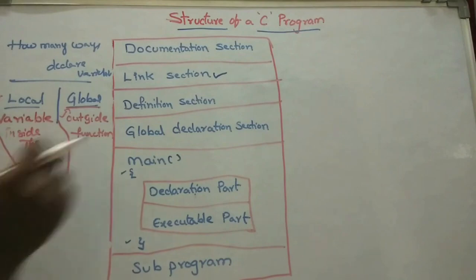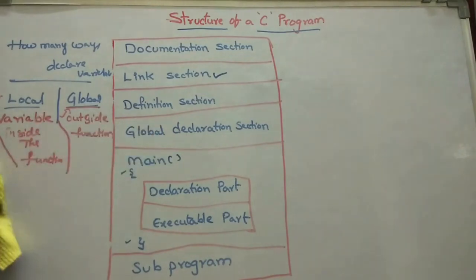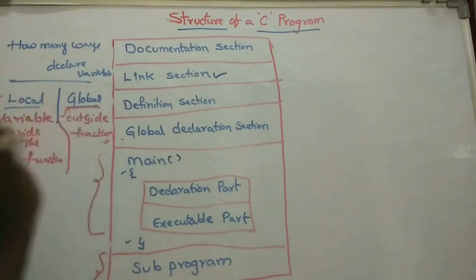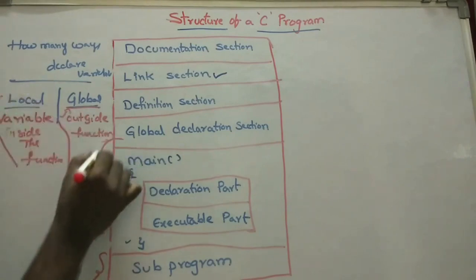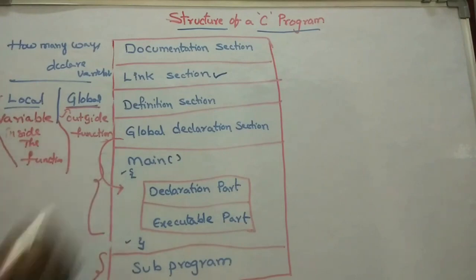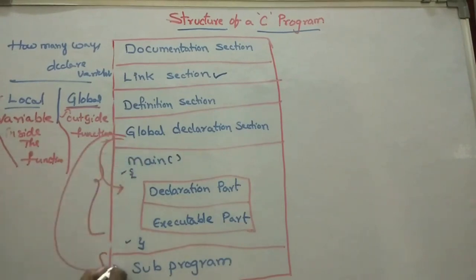Right? Now in this global declaration part, I can declare the variable as a global. This variable I can access within the main function as well as in sub functions, that means in sub programs also. If I declare the variable as a global, that variable can be accessed within the main method as well as outside of the main method.